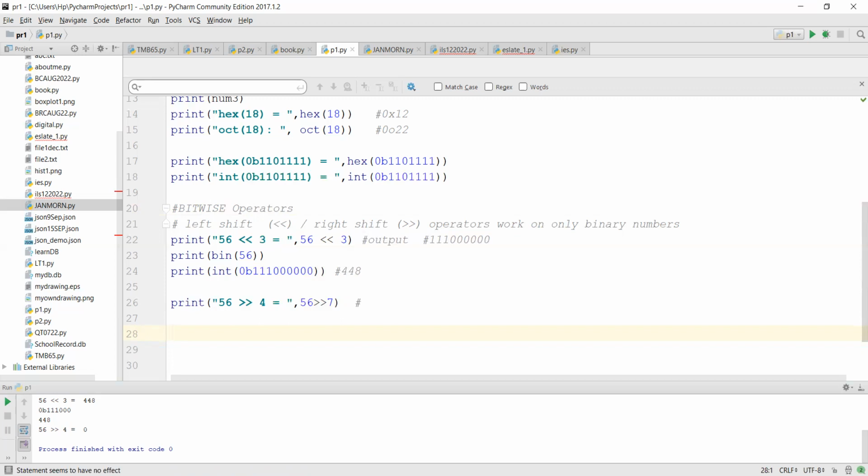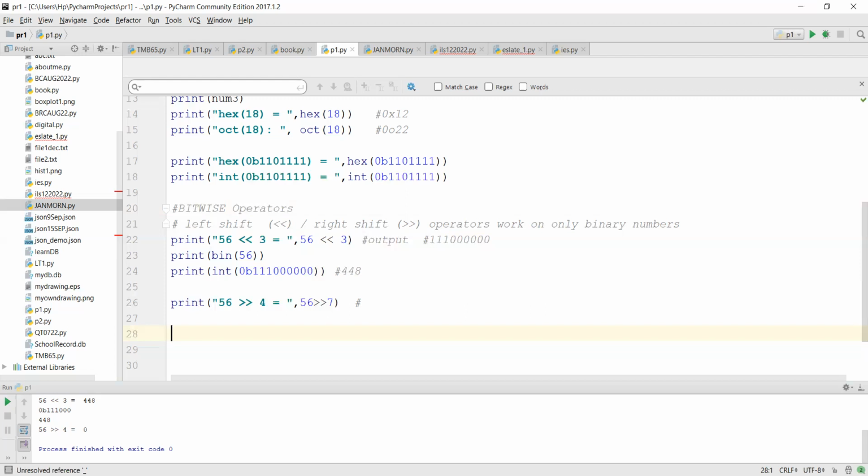8 bits make 1 byte. You hear kilobyte, megabyte, gigabyte, GB. B is byte. Byte is 8 times a bit. Generally, one English character is equal to 1 byte in computer programming.